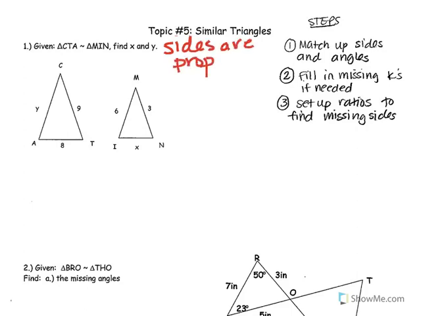Which again we've said over and over again, sides being proportional means that the ratios are the same, the ratios are equal. So the very first step that we want to do is match up the sides. CT, that's the 9, is going to go with MI, that's 6. Be very, very careful.